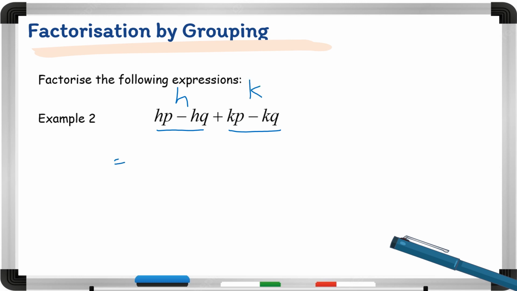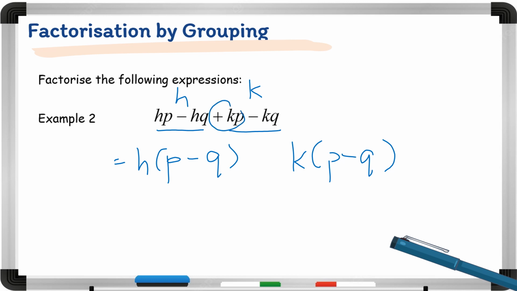So we will divide the first 2 terms by h, and we will have p minus q. We will divide the last 2 terms by k, and we will have p minus q as well. So we note that this is plus kp, and we will need to have the operation plus in the middle.